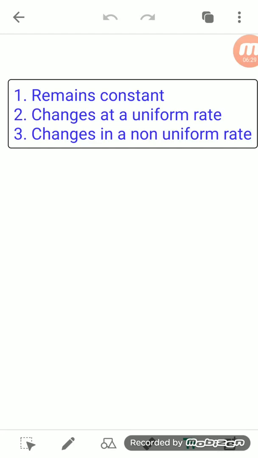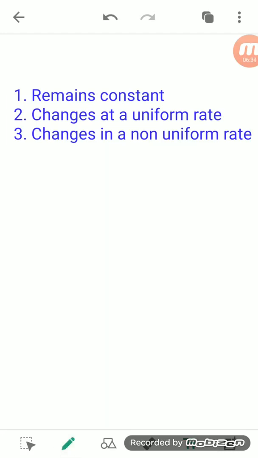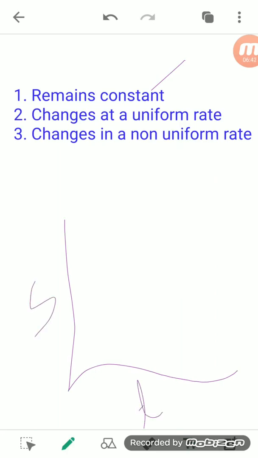When the speed of the body remains constant, what does that mean? It means there is no acceleration, because we know that in the velocity time graph or the speed time graph, the slope is helpful in calculating the acceleration. So if it is constant, then there is no acceleration.